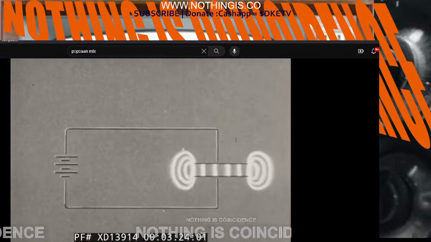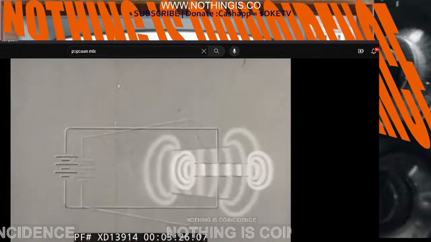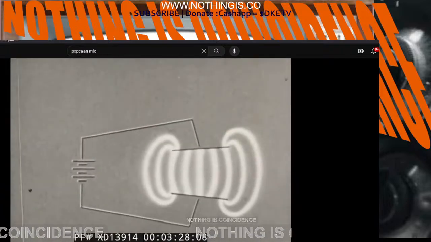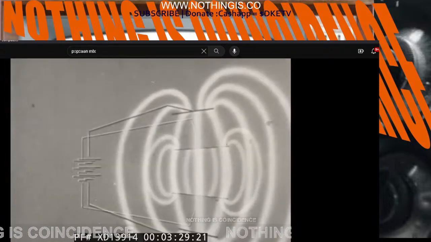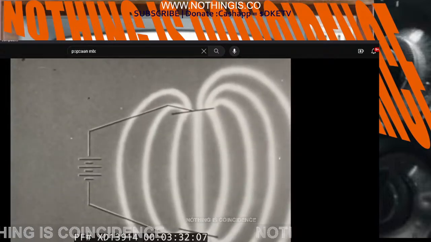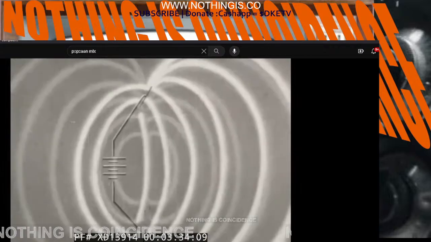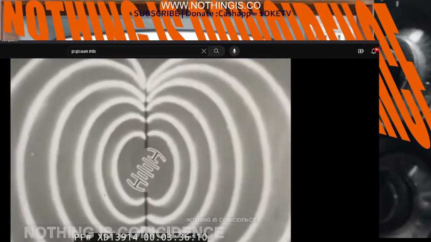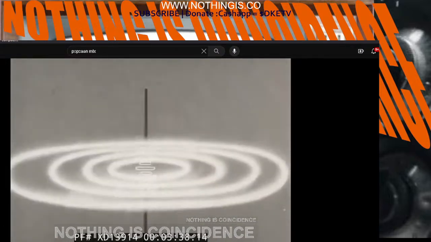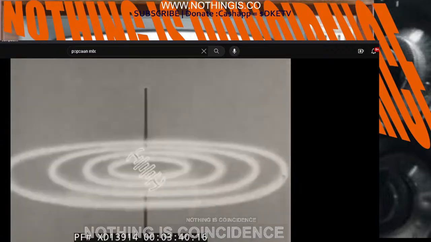If the condenser plates in such a circuit are moved apart, the dielectric and magnetic fields move out to distances. When the polarity of the battery is reversed, the field collapses and is built up in the opposite direction.